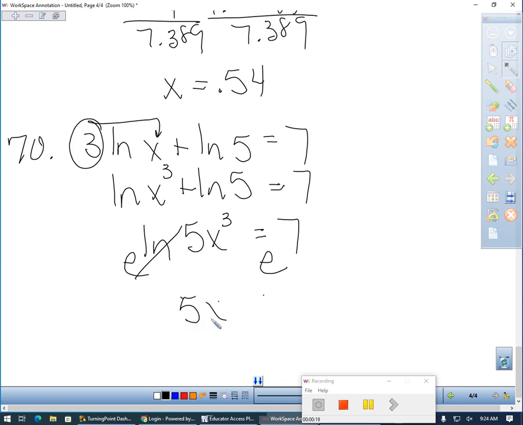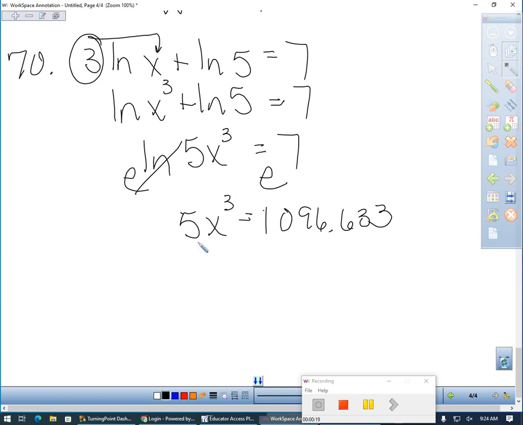I have 5x to the third equals, in my calculator, e to the 7th power is equal to 1,096.633. Then divide both sides by 5. We get x to the third equals 219.3266.